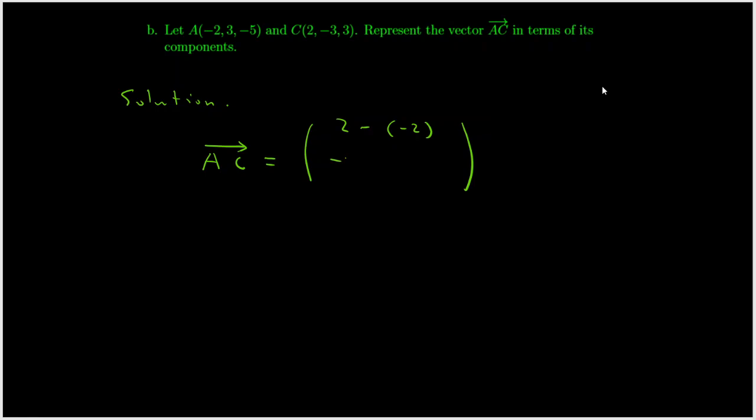And then negative 3 minus 3. I think I got this right. And then negative 5 minus 3. These numbers are the three components. I believe the first component is 4, is that right? Second component is negative 6.